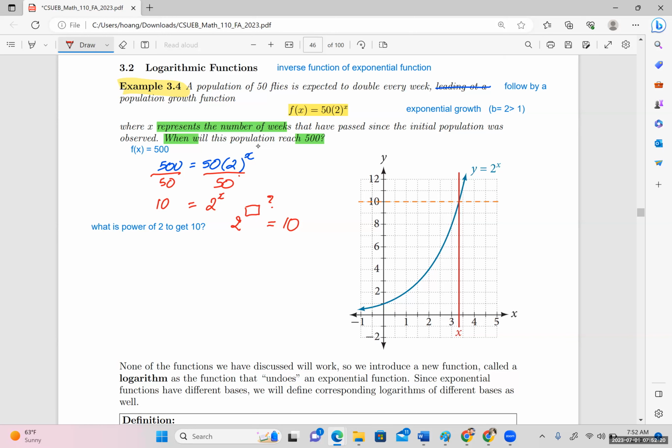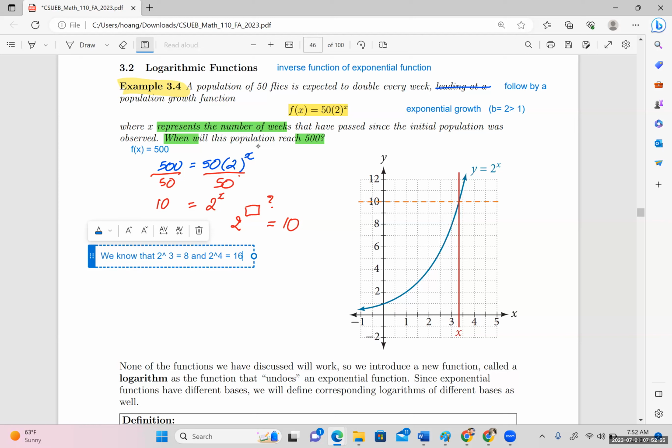So if you guess, we know that 2 raised to 3 equals 8, right? And 2 raised to 4 equals 16.